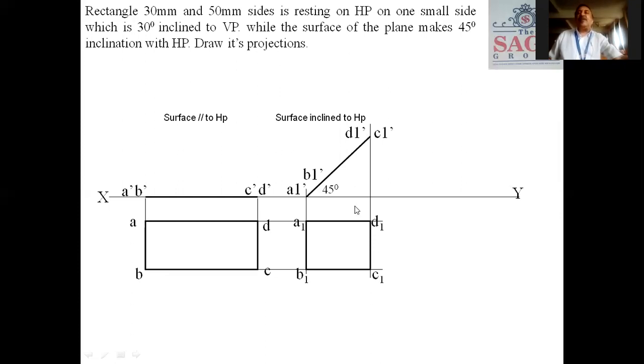So first of all, we take a 30-degree inclined line, and by drawing this small side on that line, we complete our top view and redraw it like this.